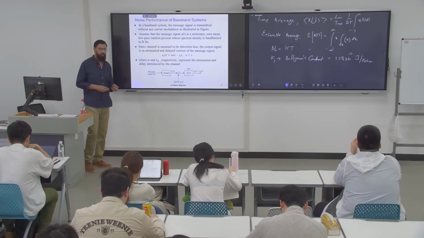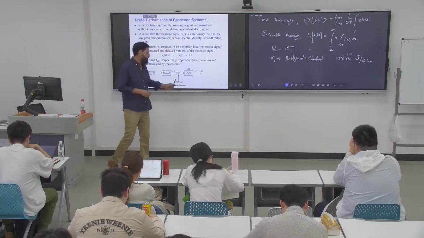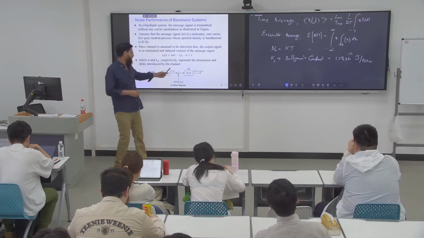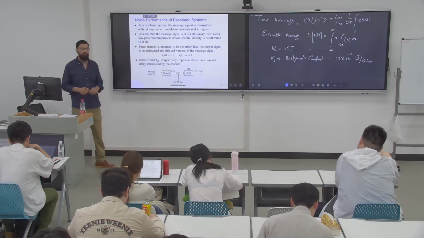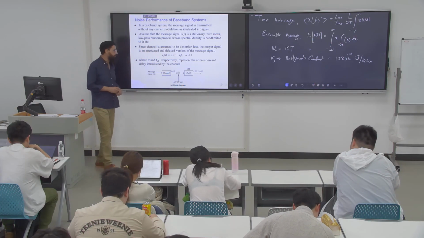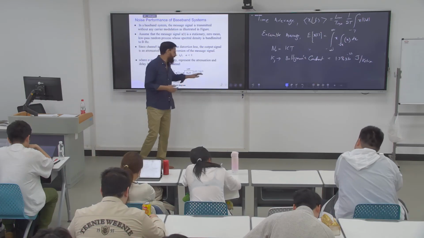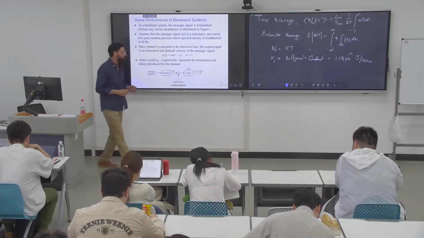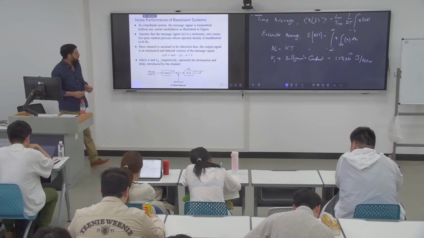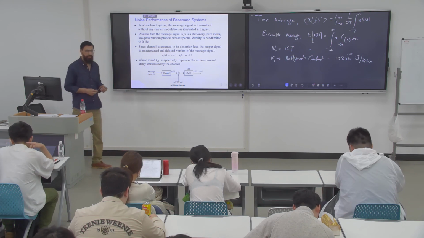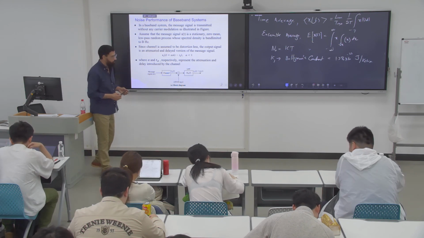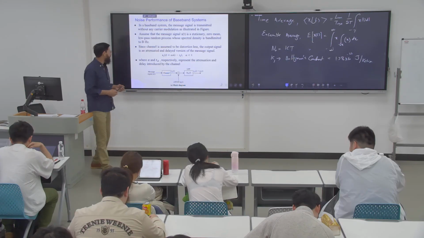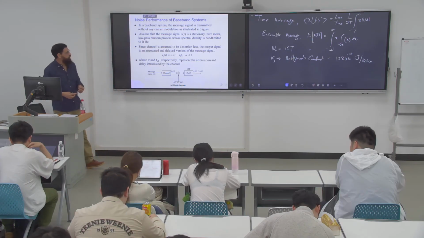Then we have this low pass filter. When noise is added, we pass it through the low pass filter. Since the channel is assumed to be distortionless, the output signal is an attenuated and delayed version of the message signal.